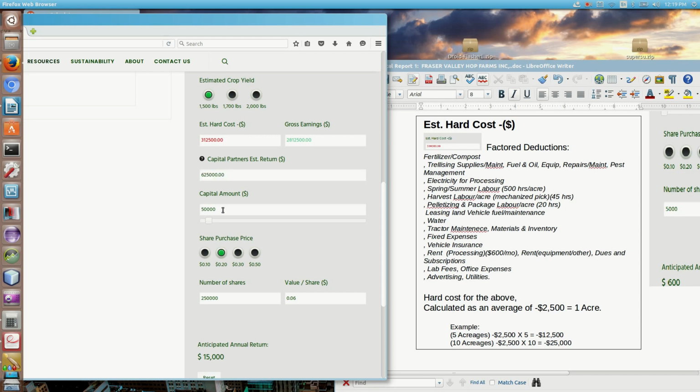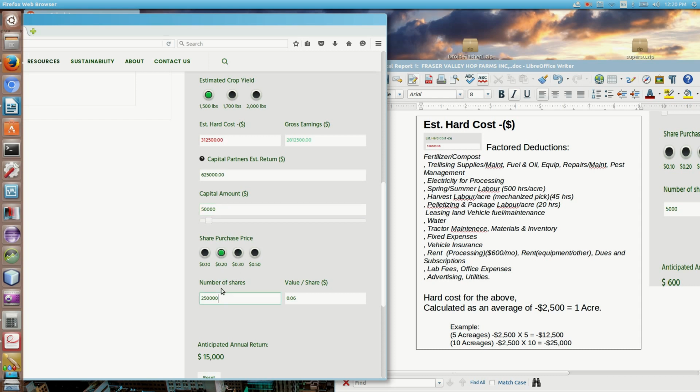And then we've got our capital amount. This is the number that would be put forward by a capital partner. For ease, we'll do 50,000. That makes a little bit more of a round number. Now we don't have any more 50-cent shares available, and I don't think we have any more 10-cent shares. So I'm just going to do this based on 20 and 30-cent share levels here.